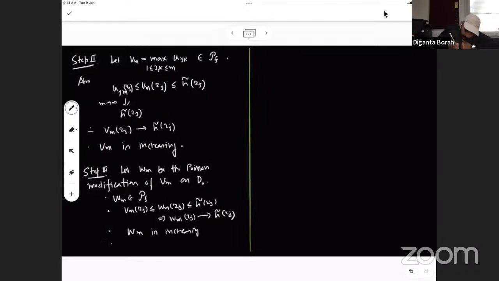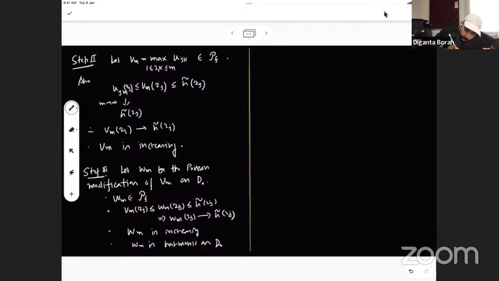But additionally, we also have that Wm is harmonic on D0. So what we have now is an increasing sequence of sub-solutions. And the good thing is that the sequence is harmonic inside the disk. Yesterday we learned that if you have an increasing sequence of harmonic functions, Harnack's theorem implies that it converges uniformly on compacts to a harmonic function.